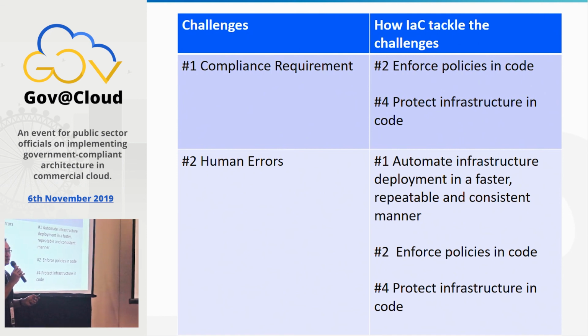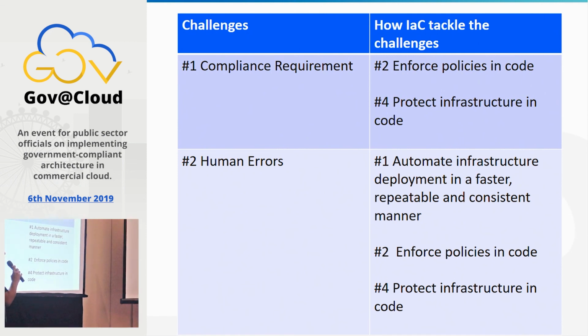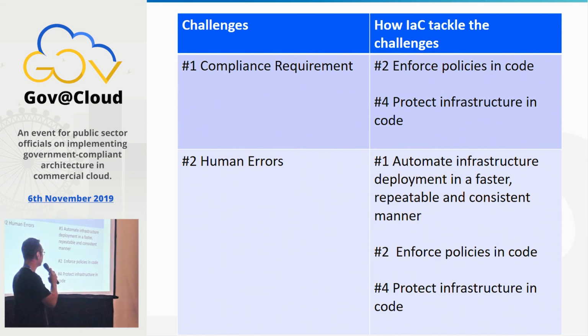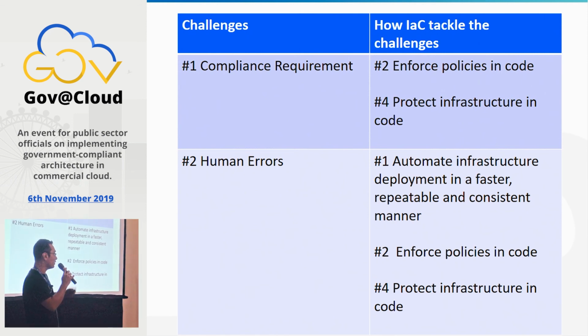Challenge number 2, which is the most common one, human errors, because these are the majority of errors that we make. By automating the infrastructure using code, we can deploy it over and over again consistently. And by enforcing all these policies and protecting infrastructure in code, you can see that just now, when Endo tried to delete the infrastructure that was spun up, we couldn't do so because it's already protected.